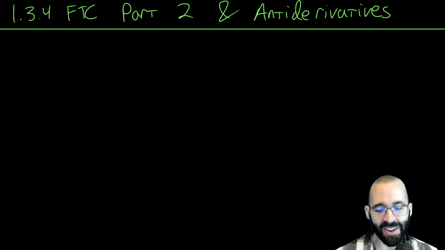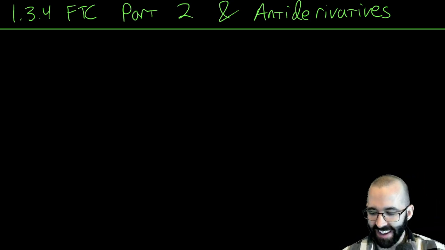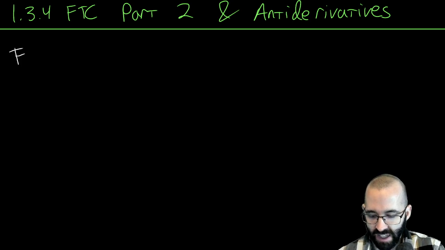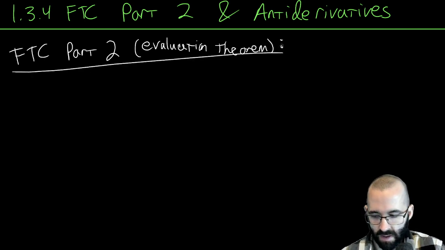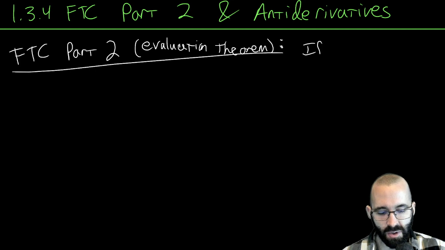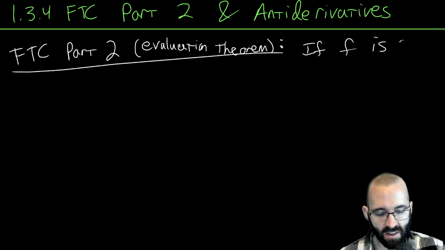So let's introduce the fundamental theorem of calculus, otherwise known as the evaluation theorem. The FTC part 2, sometimes known as the evaluation theorem, says that if little f is continuous over a to b, very shocking start.